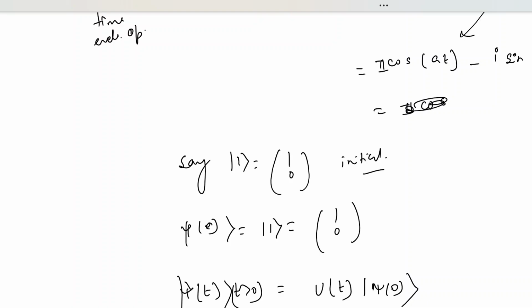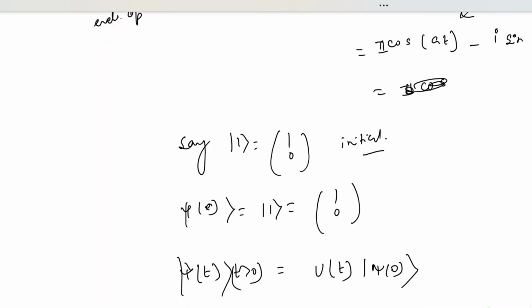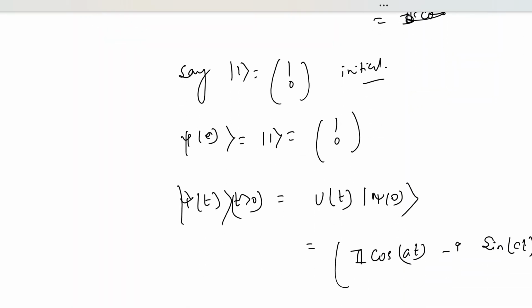So this is (0 1; 1 0), and then with state 1 you have the state as (1, 0). So what you are getting is cos at times I minus i sin at.